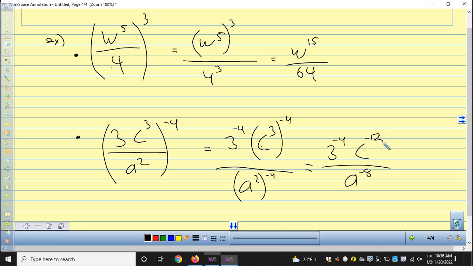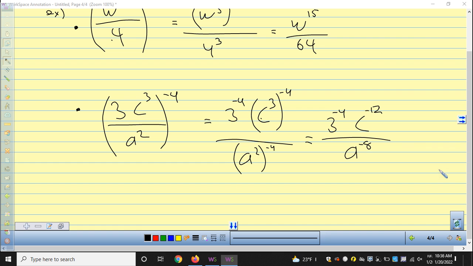Now we have all these negative exponents to deal with. So we have this 3 to the negative 4. What do we do with that 3? Put it in the bottom. We make the exponent positive, so I'm going to get a 3 to the 4th on the bottom. How about the c to the negative 12? Same thing, right? Now how about this a to the negative 8 in the bottom? That goes up to the top, and my exponent becomes positive.